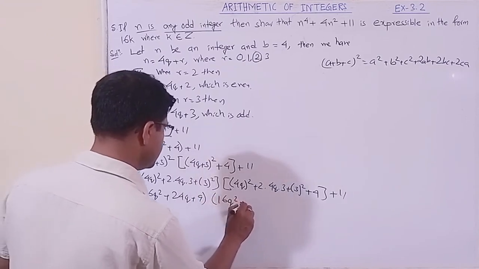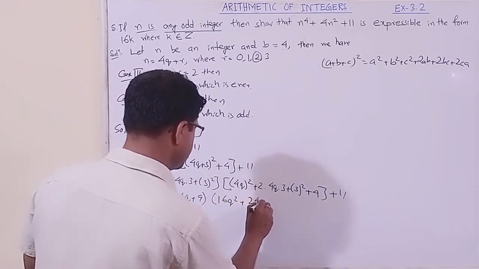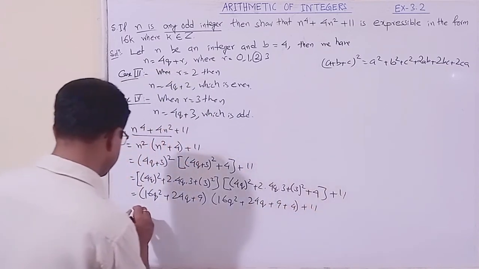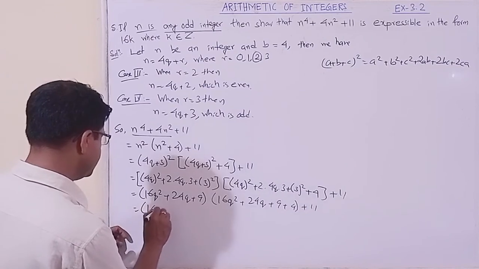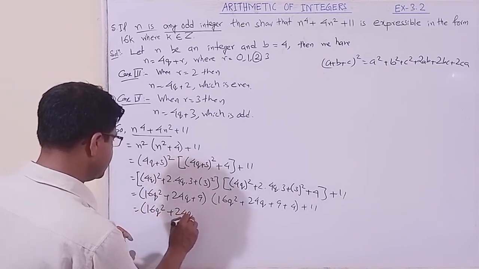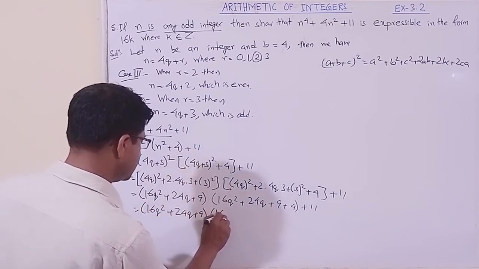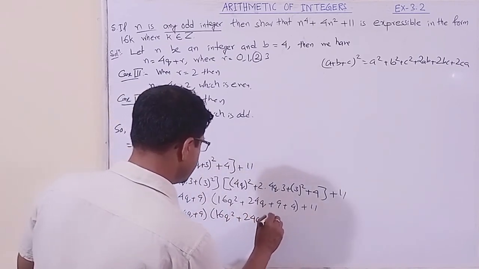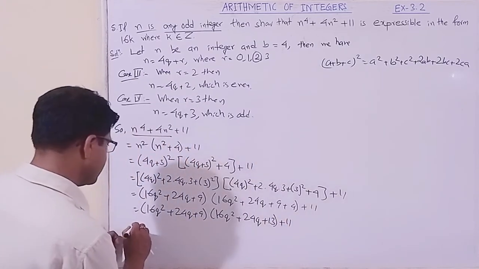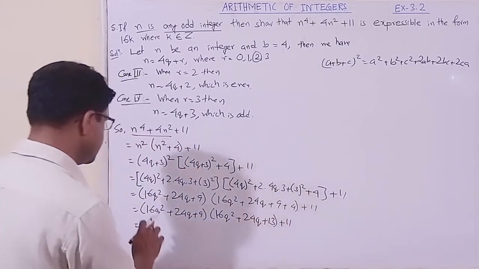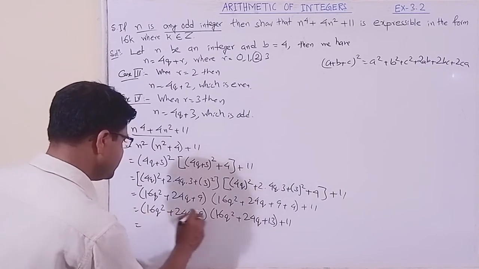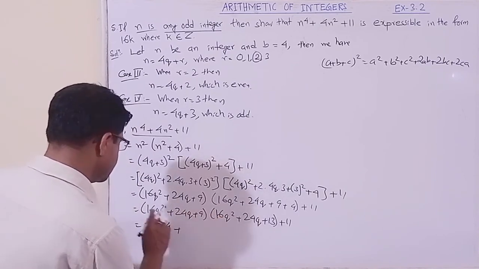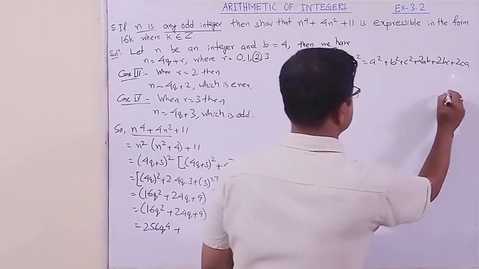So 16q square plus 24q plus 9, plus 4, plus 11. Okay, so this is 16q square, 24q plus 9, then 16q square, 24q, 13, plus 11. With this we shall multiply throughout. 16q square into 16q square is 256q to the power 4, 16 into 24.